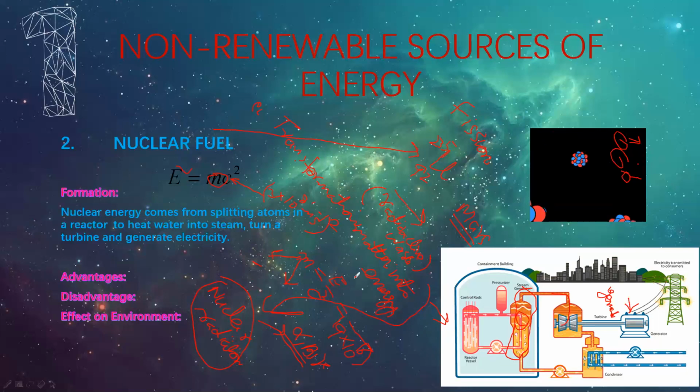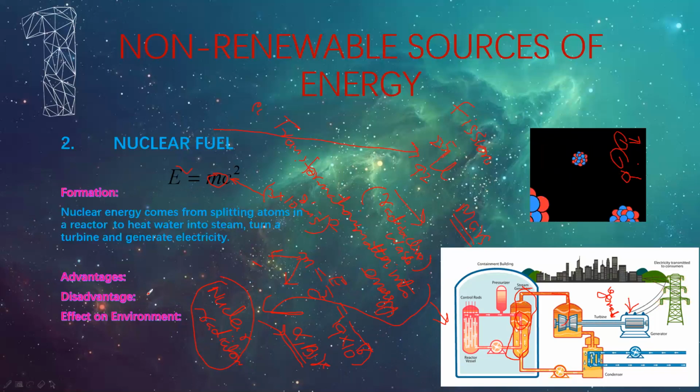So that is all about nuclear fuel. Second, as I told you, there are many advantages. They can be used for war, although war is a kind of disadvantage, because it will bring destruction. Lethal weapons can be prepared using nuclear fuel.